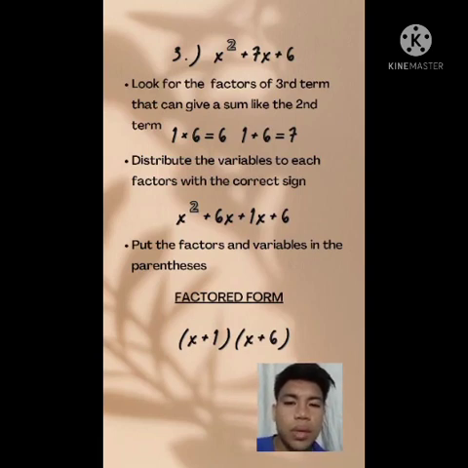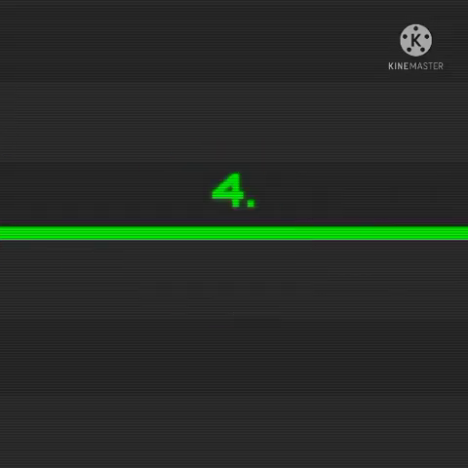As we can see, we changed the second term, which is the 7x, into the factors of the third term, which are the 6 and 1. So we fill in the factors with the variable x. And lastly, we need to get the variable of the first term and put it in the parentheses with the factors. So our factored form of the trinomial x squared plus 7x plus 6 is x plus 1 and x plus 6. That's all. Thank you.